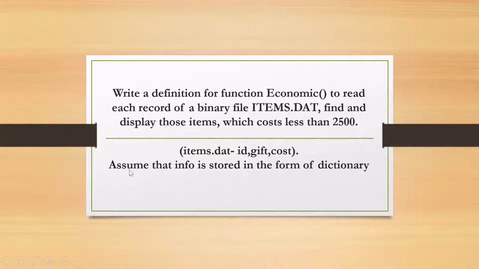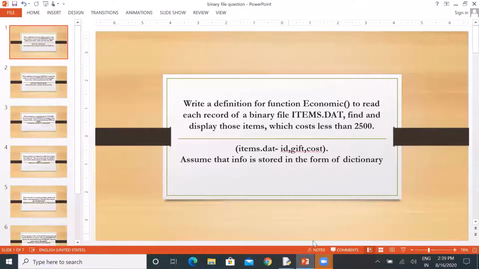And in the question it is specified the information is stored in the form of a dictionary. In the previous lecture, we already discussed how we can store the information in the form of a dictionary, and through that concept we will perform the search operation.